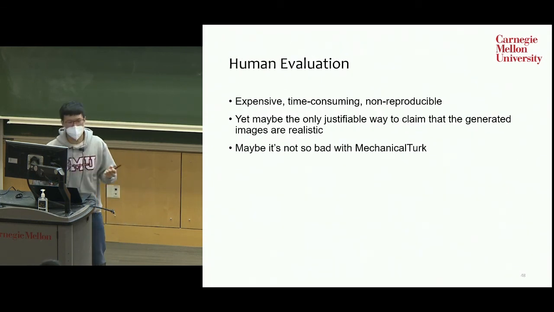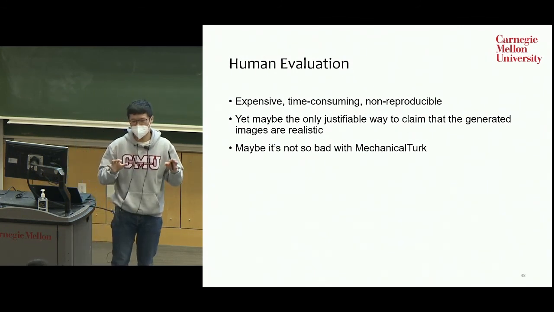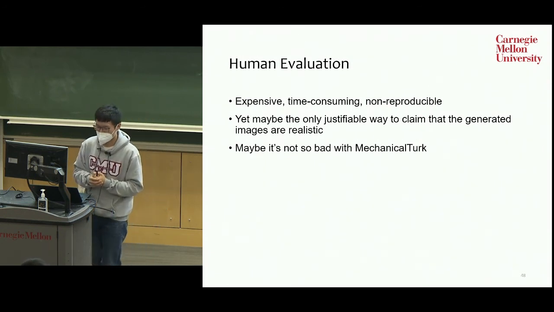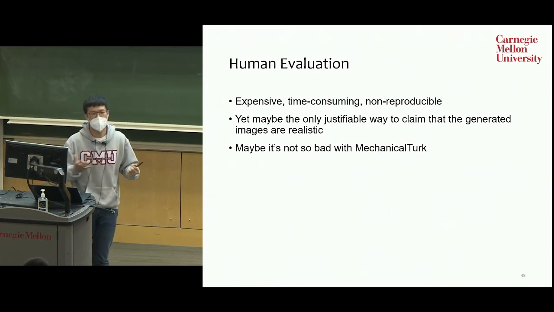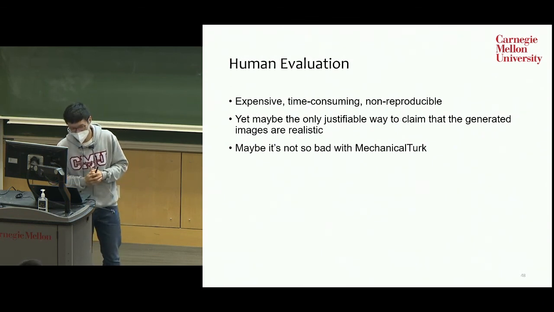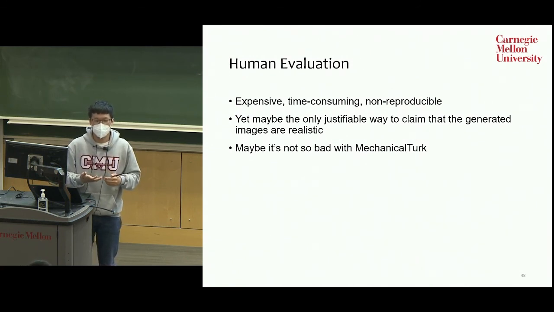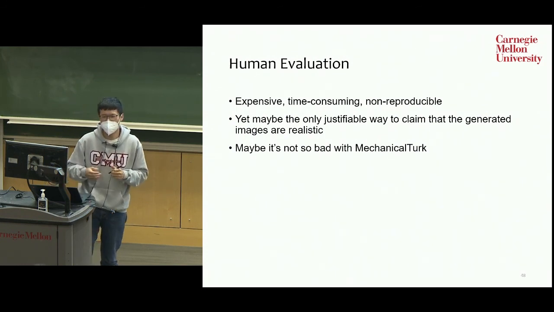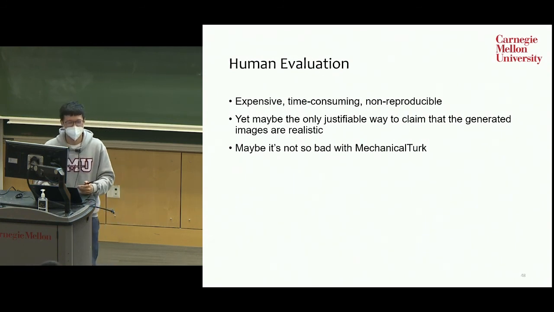So the obvious choice for evaluating whether an image is realistic or not is human evaluation. It's expensive, time-consuming, and non-reproducible. But it's probably the only justifiable way to say that the images are realistic. However, with Amazon Mechanical Turk, a platform where you can hire people to help you label data, it may not be so hard. However, the quality of the labeling is, let's say, questionable.